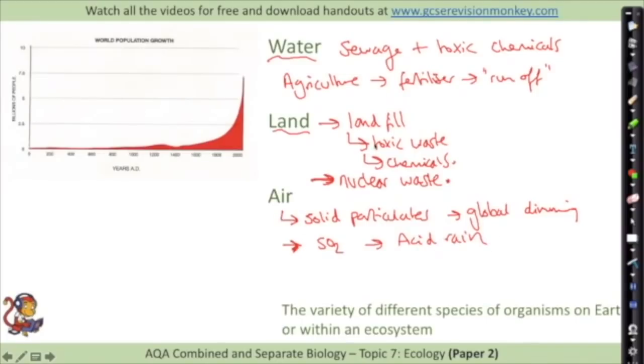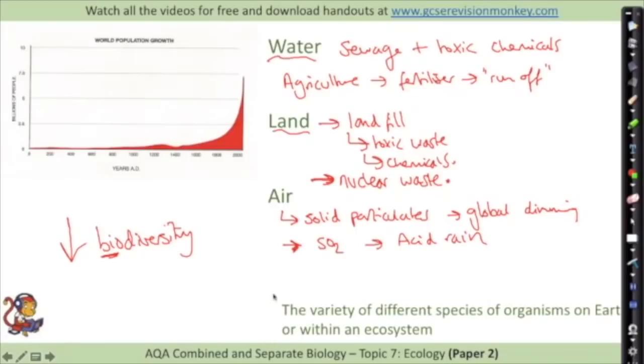The main problem with all of that pollution is that it is leading to a reduction in biodiversity. We said before that bio is the living things and diversity is the variety of living things that we have on our planet. The more diverse our planet is, the better it is for sustainability and future populations.